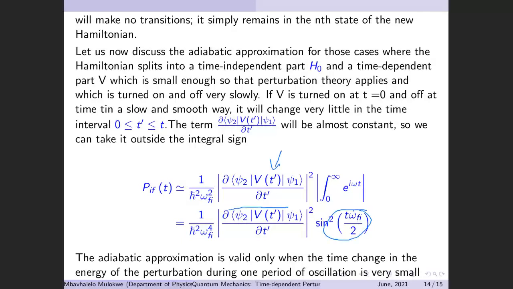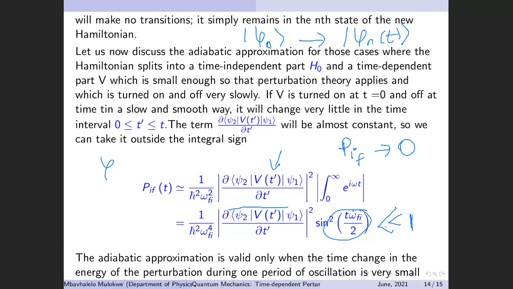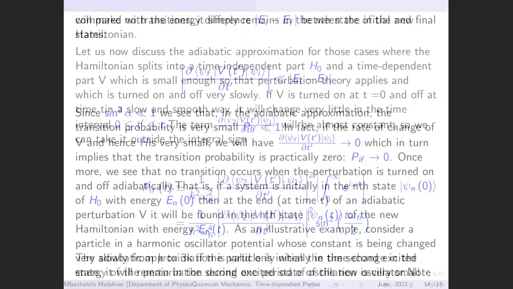So this again is way smaller than 1, which is what we expected, that this will be going to 0, because if you're changing your system very slowly, psi n will slowly evolve into psi n of some t. So the probability that it goes maybe from the ground state into psi 1, these types of probabilities will be negligible or nearly zero. Right.